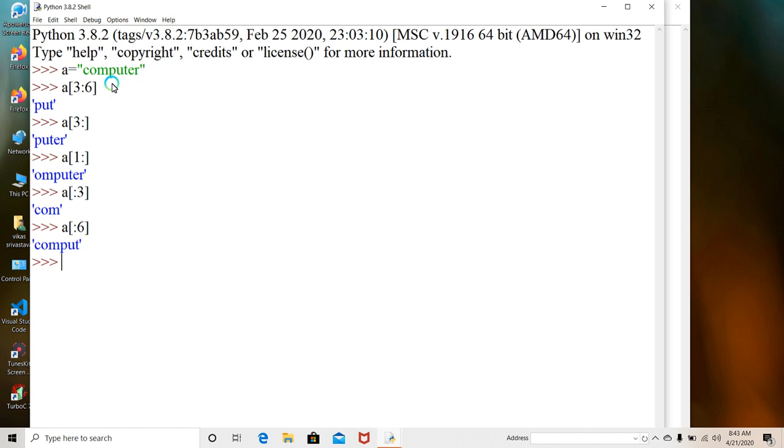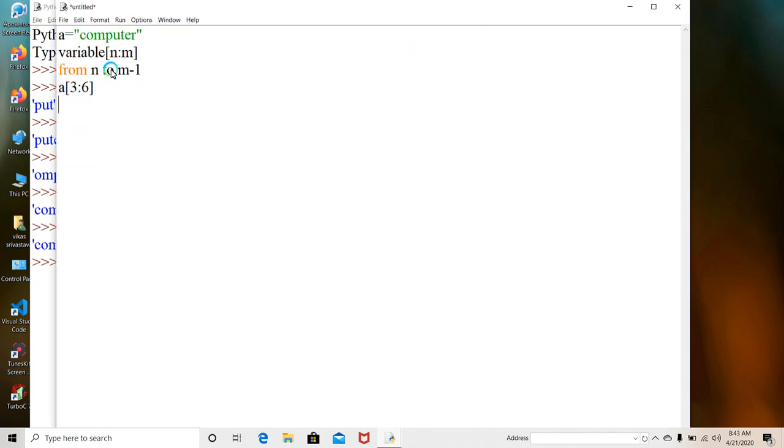In the same way, we have a lot of ways to get a part of the string's value in the form of a slice. It works from n to m. If we write n colon, it returns all the values from index n to the last.